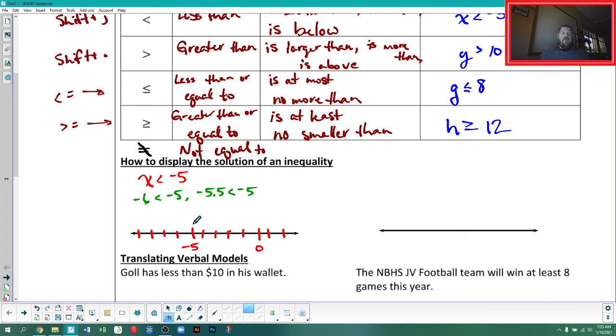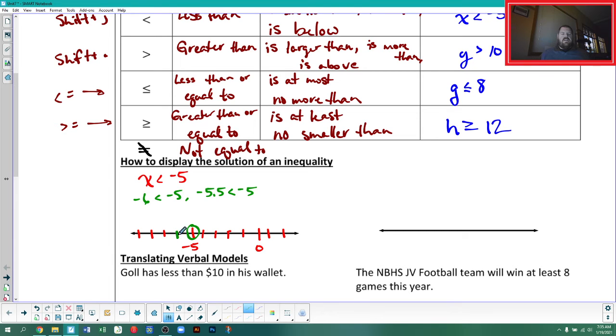And the way we avoid numbers on graphs is that we put a circle there. Okay, putting a circle there means avoid that number, but for now everything else is good. So then we'll circle that number. Then we want to shade which way all those other numbers live. Well, where is -6? Oh, it's right here.